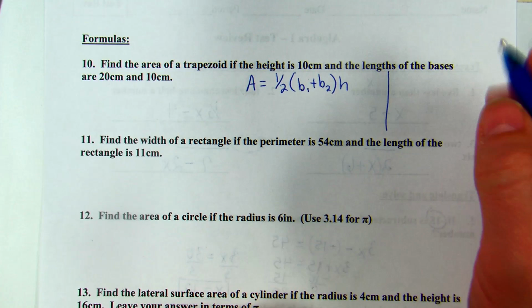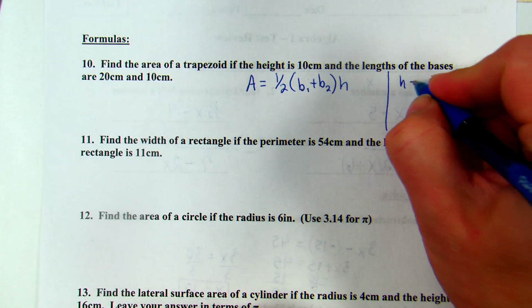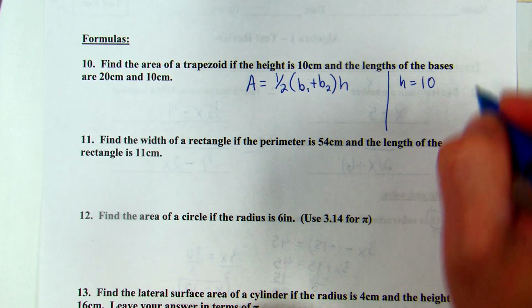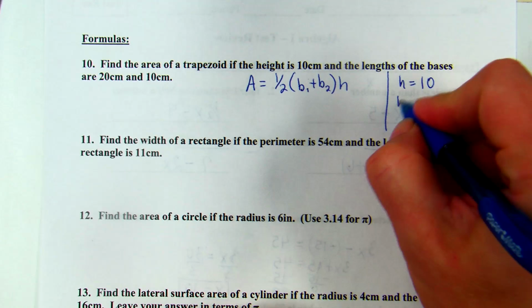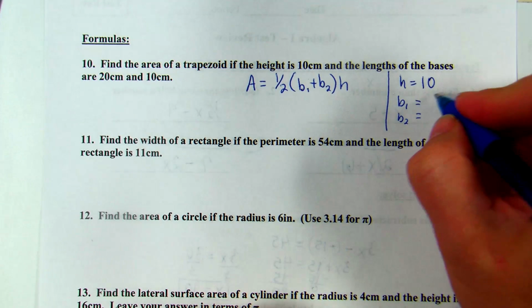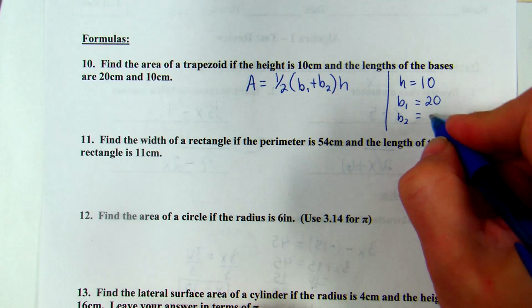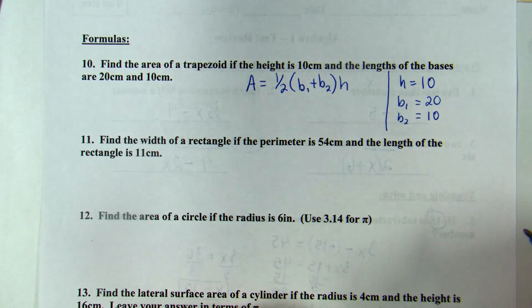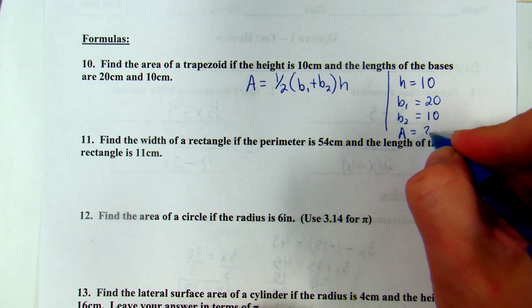We know the height is 10 centimeters. Base 1 is 20 centimeters, base 2 is 10 centimeters, and the order doesn't matter. The area is what we're trying to find.